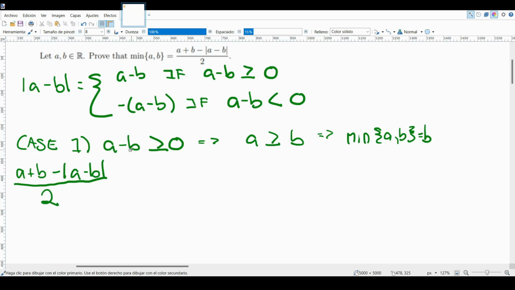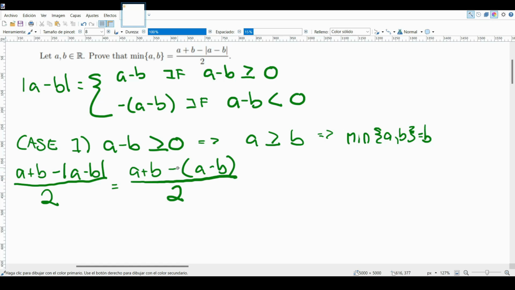So we'll just write this down. (a plus b minus the absolute value of a minus b) over 2. Now, we know that a minus b is greater than or equal to 0. And using this definition of the absolute value that we have up here, that means that this absolute value is just going to be equal to a minus b. So we can write this out as (a plus b minus (a minus b)) over 2.